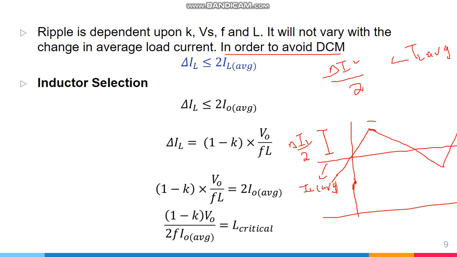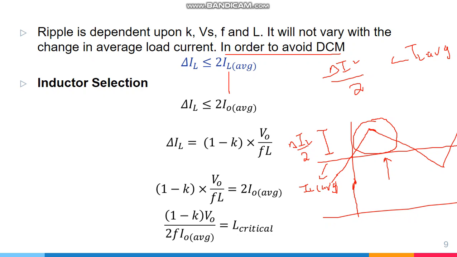This means that half of the ripple should be less than the average value of the current through the inductor, so that it does not cross the zero axis or the x-axis. That is, the current through this inductor should never become zero. So using this condition, delta IL must be less than 2 times I naught average.